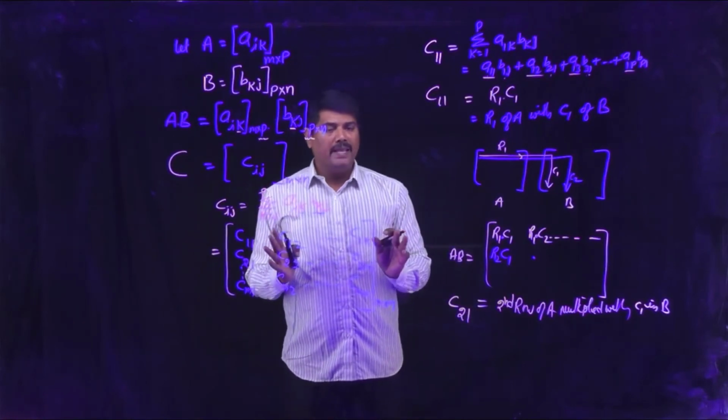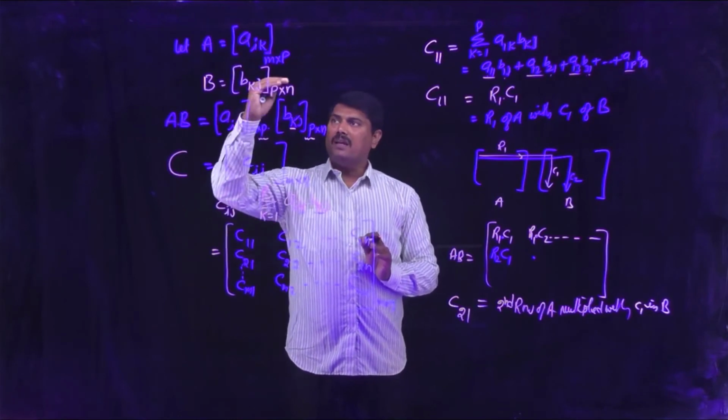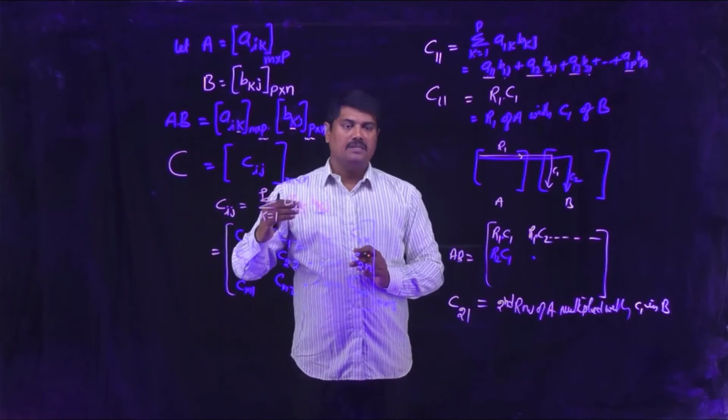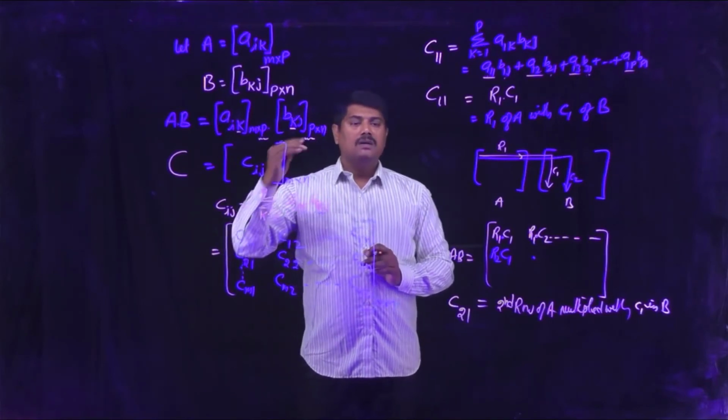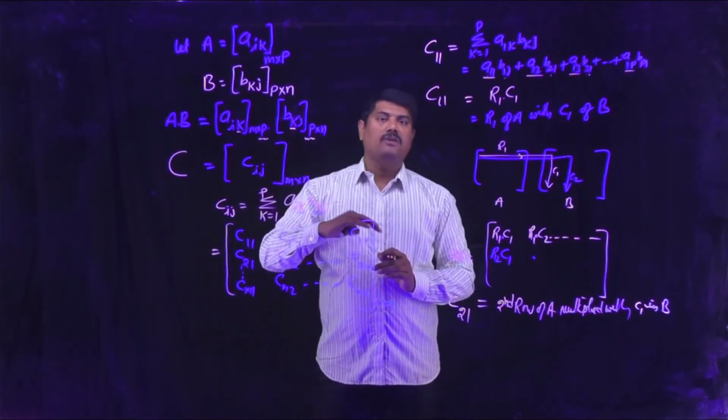So let me explain again. The first point: the multiplication must be conformable, meaning the number of columns of the first matrix is equal to the number of rows of the second matrix.